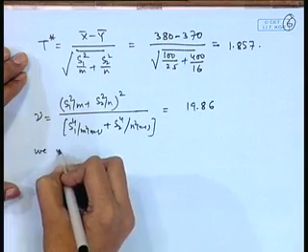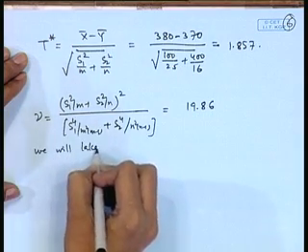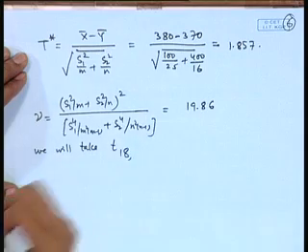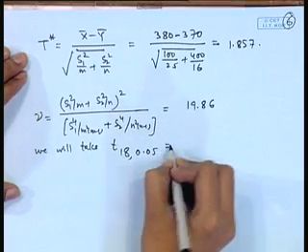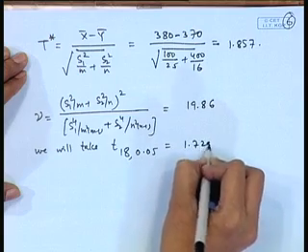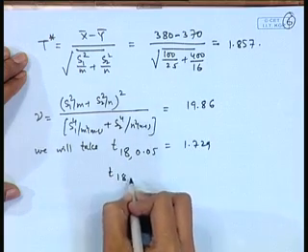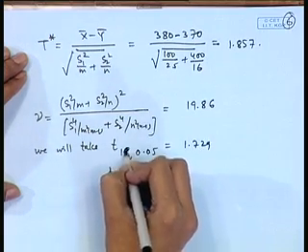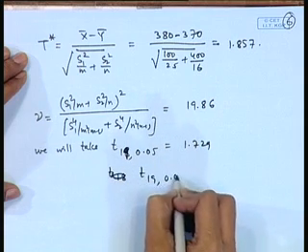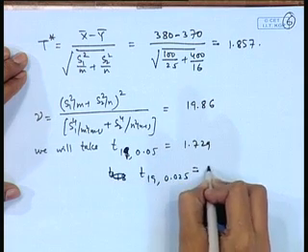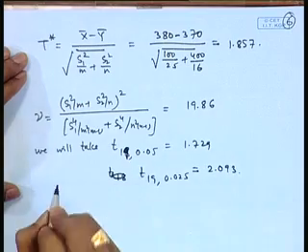So, we will take T 18. So, for example, at 0.05 level this value is 1.729. Suppose I consider T 19 at say 0.025, this is equal to 2.093, etc.